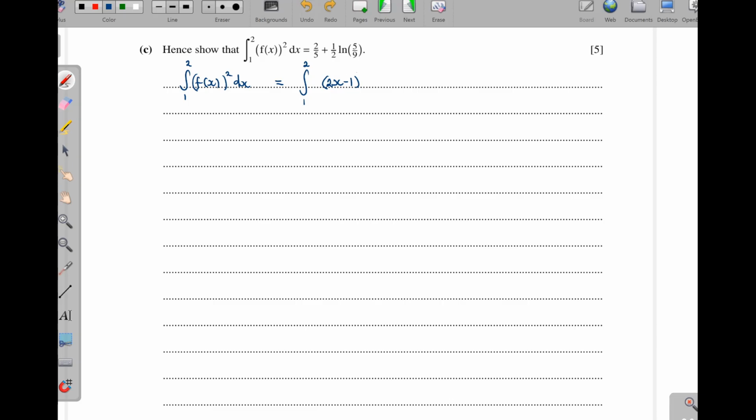So I'm going to write this using the rules of indices, so I give it power negative 2. Then I'll also have 1, this one is 1 over.